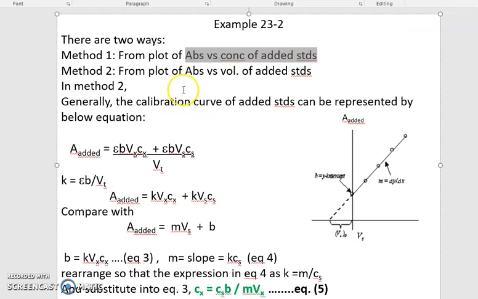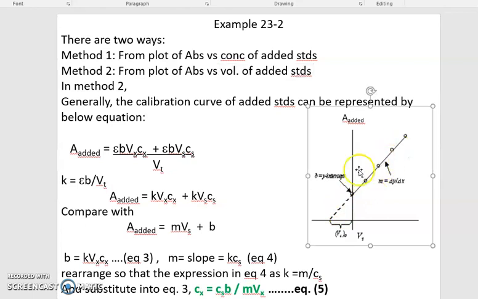If we choose to plot the calibration curve with this unit, first of all we need to find the mathematical expression that represents all the individual points of standard solution in the calibration curve.